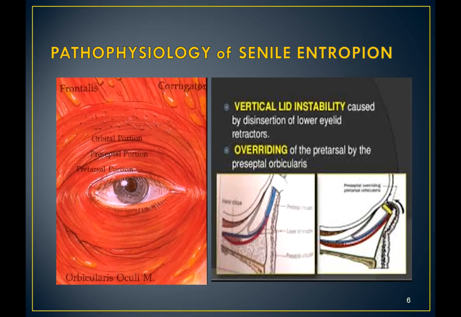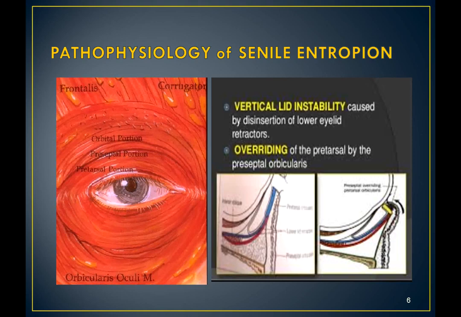Vertical eyelid stability and horizontal stability is maintained by help of tarsal plate and its overlying orbicularis oculi muscle, as well as by the lower lid retractors.